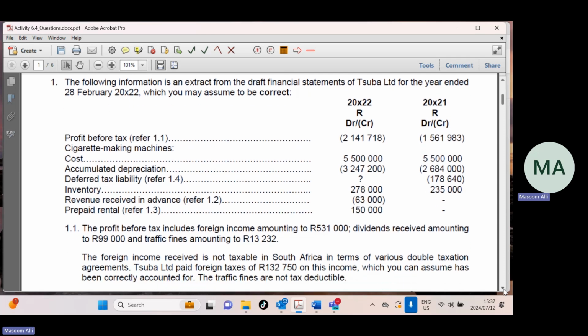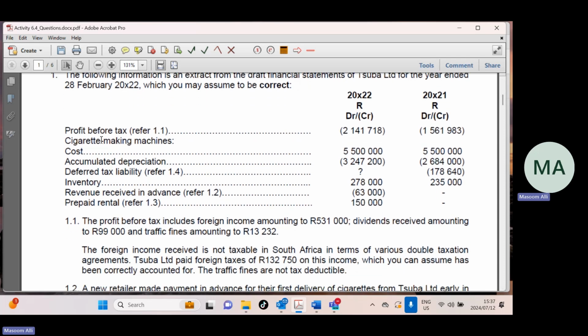So a good thing here is, in this case, the question has already referenced each line item to the corresponding additional information. But what I would suggest is that if the question doesn't do that, you do it yourself, right? So that you can see, okay, profit before tax, I'm looking at this. For cigarette making machines, there's nothing really there that it looks like.